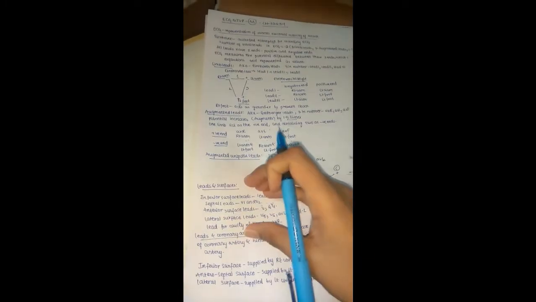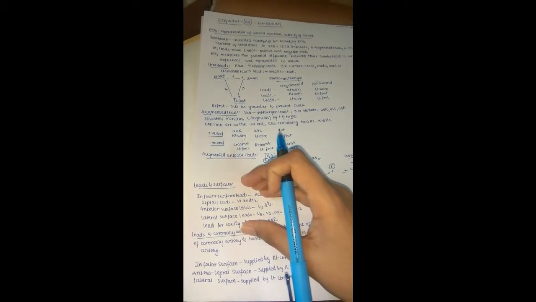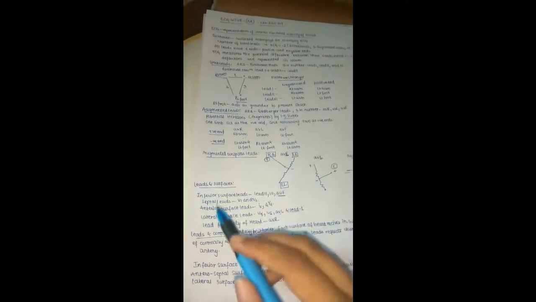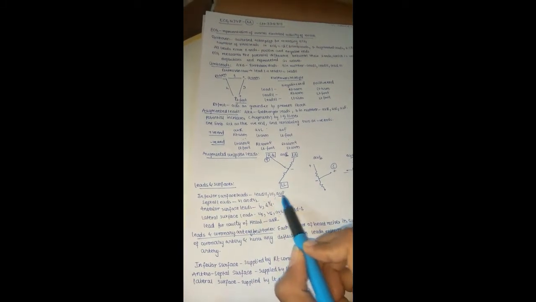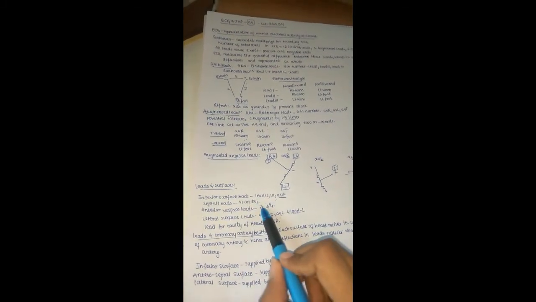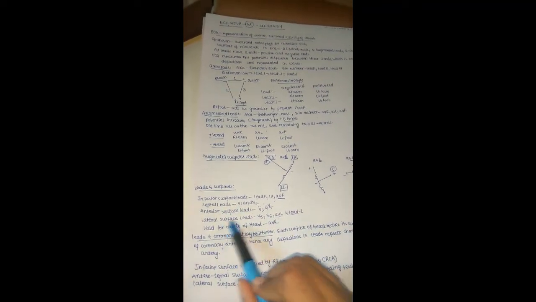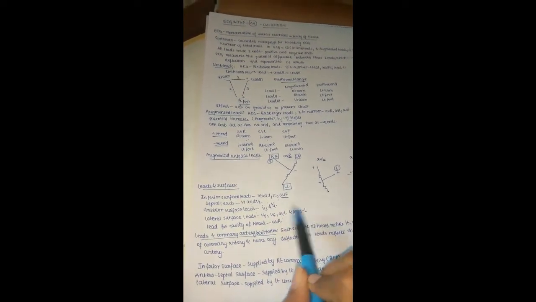You can see all these leads are like CCTV cameras around our heart. Whenever we check the ECG, we want to see all sides of the heart, whether it is functioning or not. For the inferior surface we have lead 2, 3 and AVF, and for the septal side we have V1 and V2. For the anterior surface we have V3 and V4, and for the lateral side we have V5, V6, AVL and lead 1.